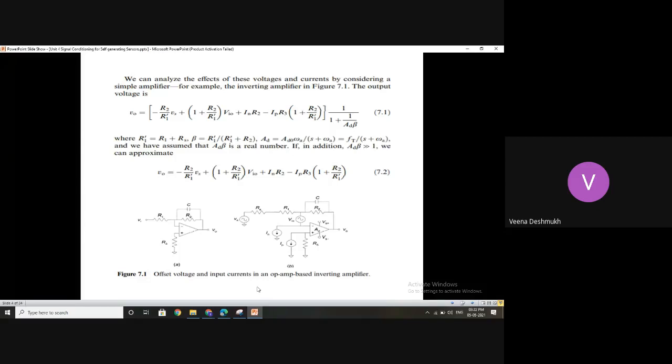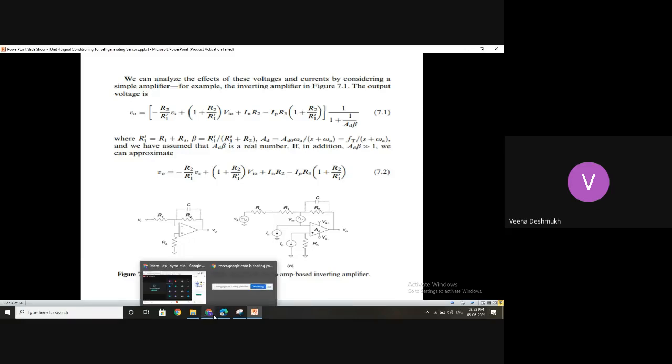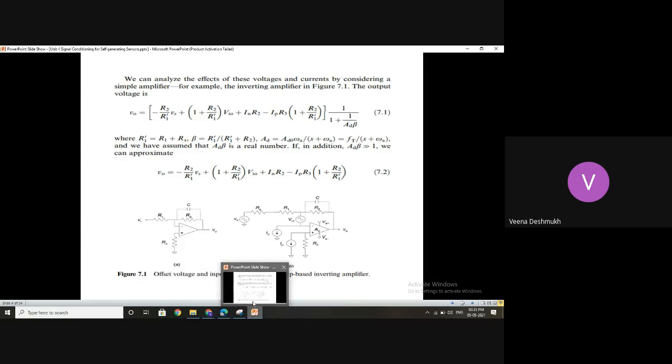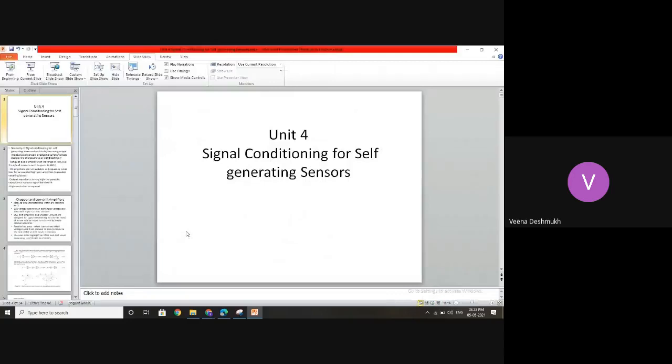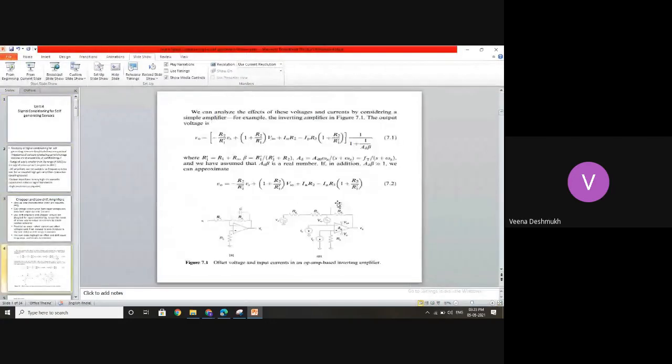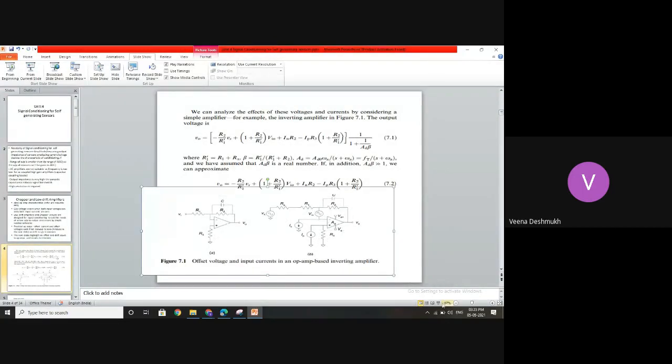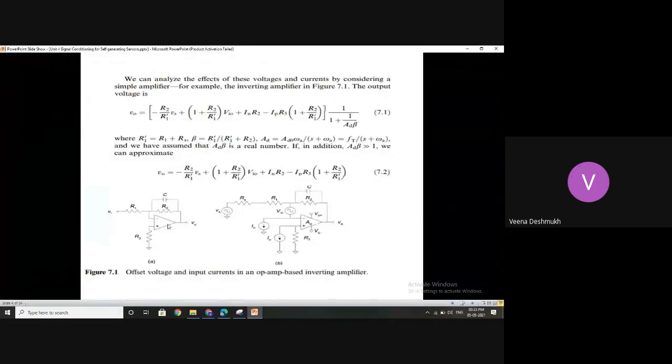Offset currents and voltages are produced and what impact they have. And here you see this circuit.